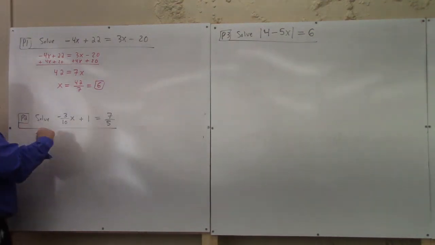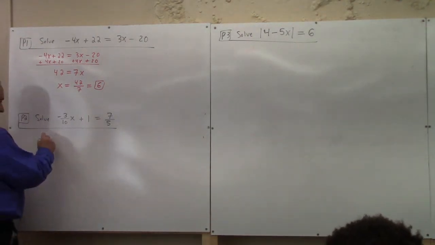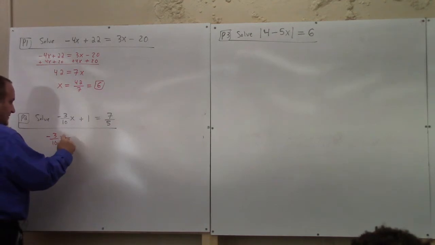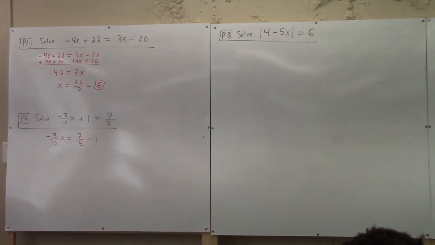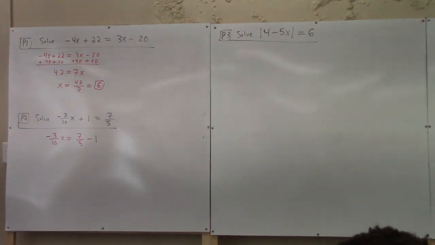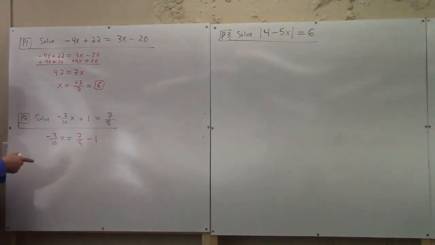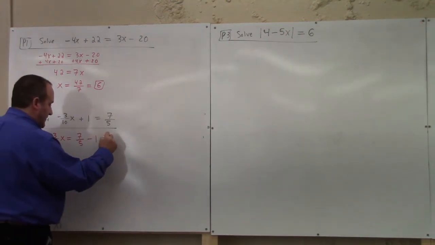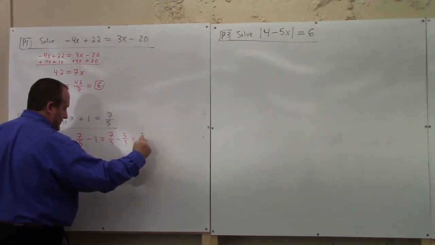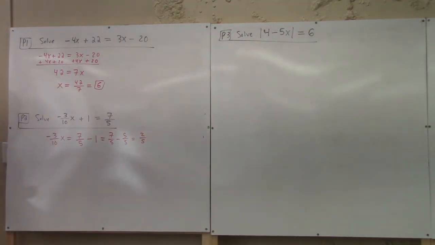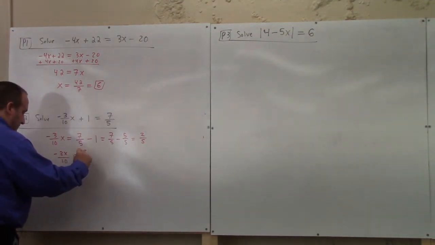How about this one? What would you guys suggest I do for this next problem? Okay, subtract 1 from both sides. So we go minus 3/10 x equals 7/5 minus 1. I like that. We can make a common denominator here, right? So this would be like 7/5 minus 5/5, so you really got 2/5. I'll rewrite it again. We have minus 3x over 10 is equal to 2 over 5.